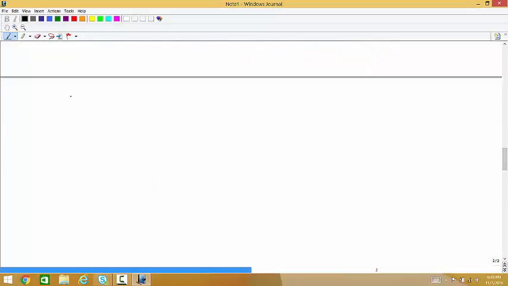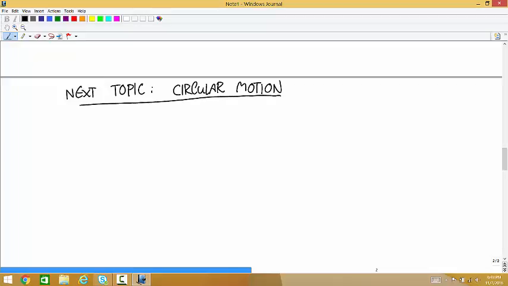Okay, so the next topic is circular motion. We've already done most of the stuff that we need to do circular motion. There's really just one easy calculation that I'm going to add to what you know.